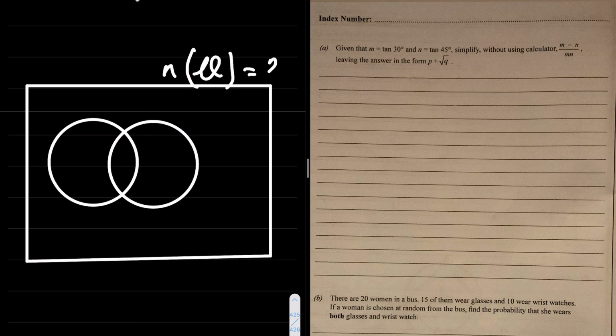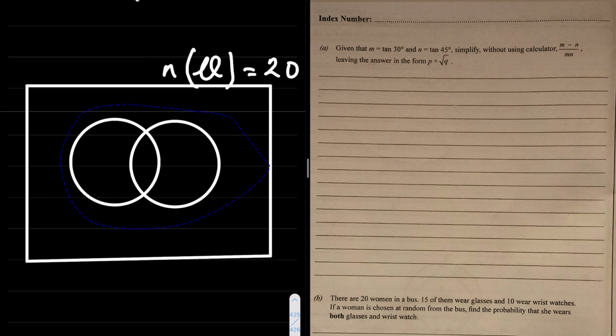That's the total number of women. Now let this be G, which is the set of women who wear glasses. 15 of them wear glasses. Let this be W, which is the set of women who wear wristwatches. They are just 10.